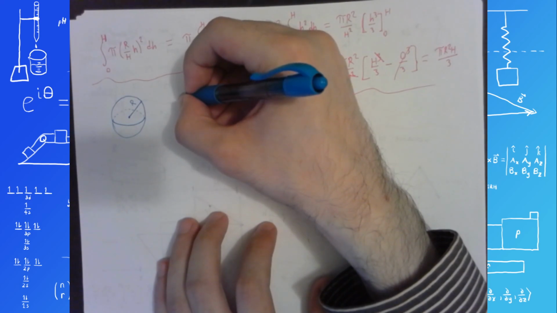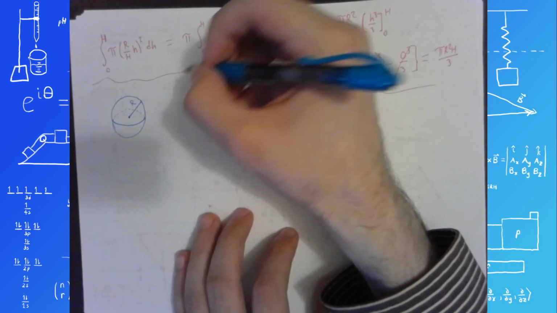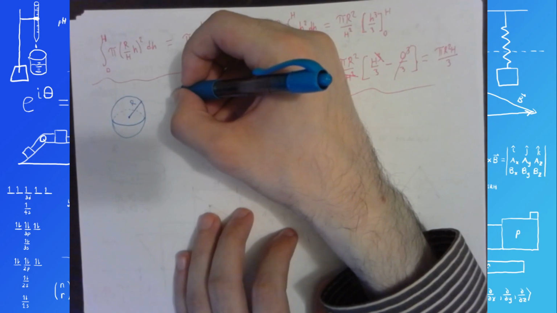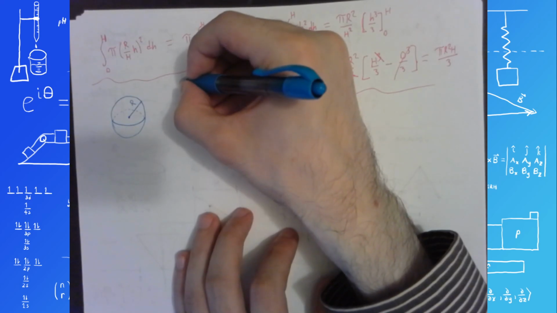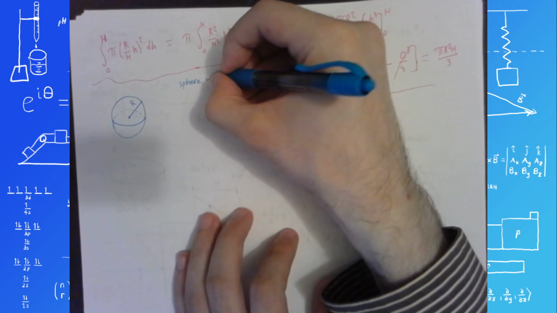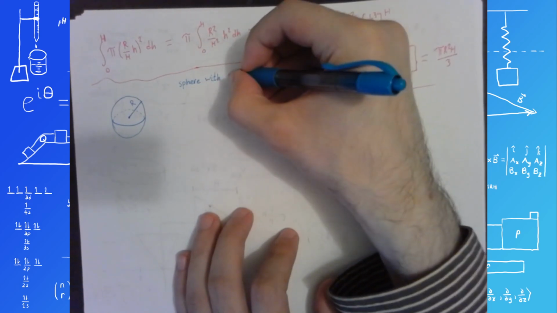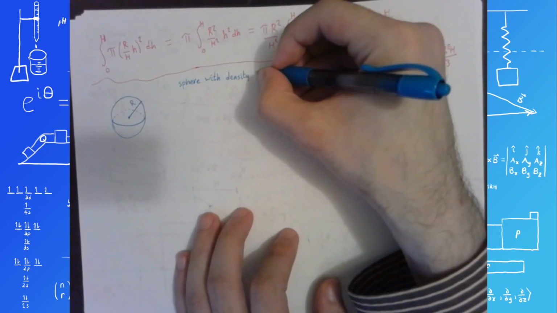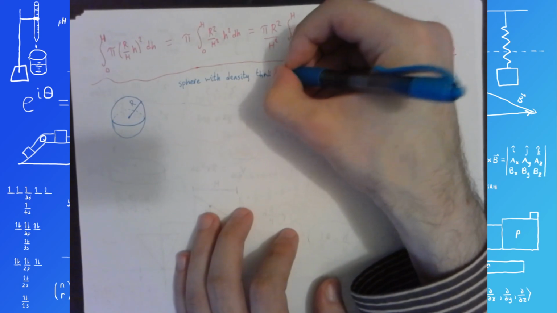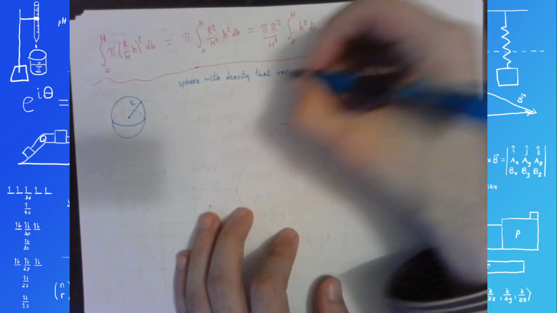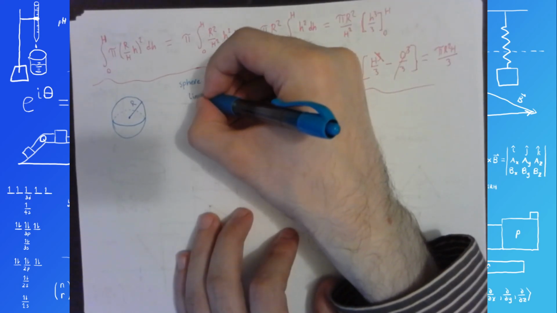How would I describe the mass of this object? Let's say that the density varies linearly as you move out of the radius. So, a sphere with density that varies linearly.